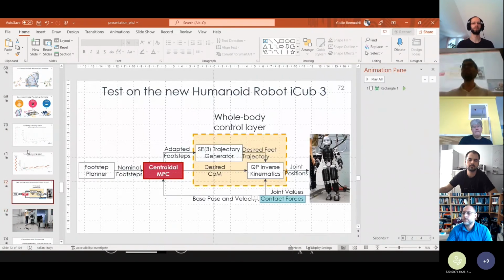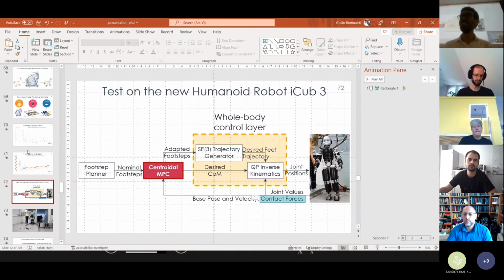On the real Talos, actually, no. Unfortunately, in the period that I went there for the secondment, when I was ready to test on the robot, due to the COVID pandemic, I was forced to stay at home. But actually we are planning to deploy it.